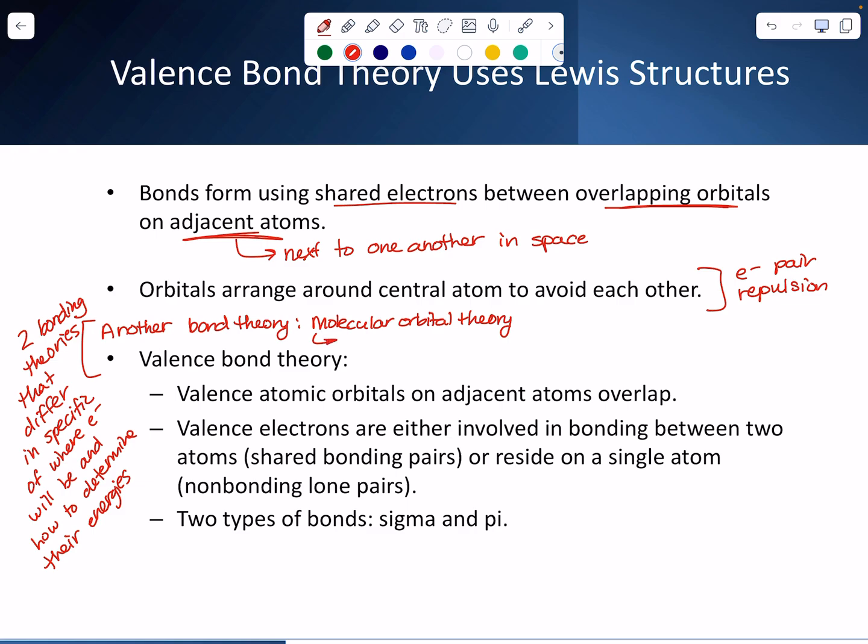Molecular orbital theory, again, is more complicated, but if you want to think about bonding in atoms that are beyond the p block, so if we want to be thinking about some of our heavy metals, we need molecular orbital theory.